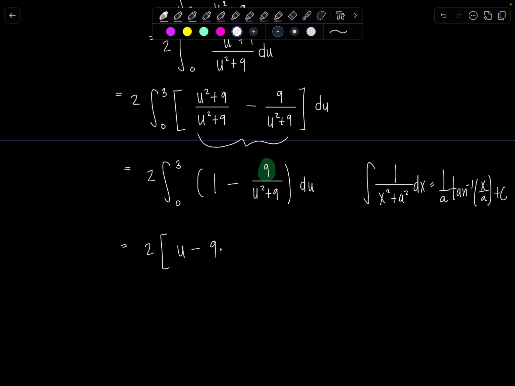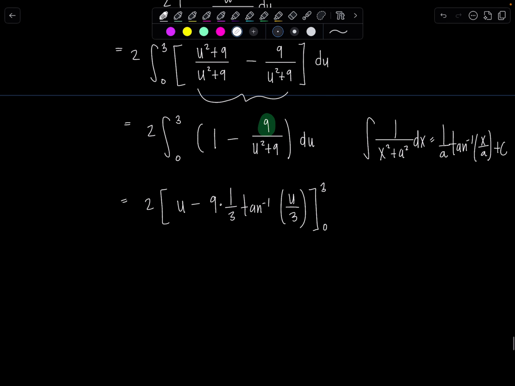So in this case, the a is 3. Very good. So you'll have 9 times 1 over a, 1/3, tan inverse of u over 3. And no plus c, people. We have limits of integration, 0 to 3. Perfect.